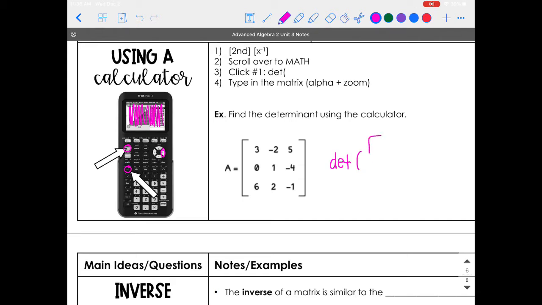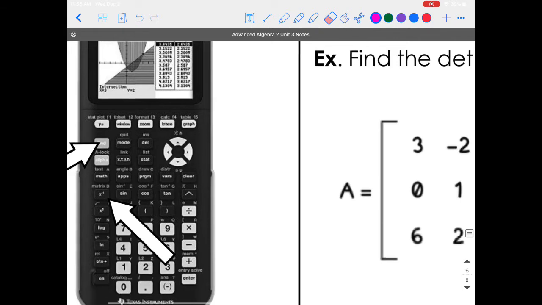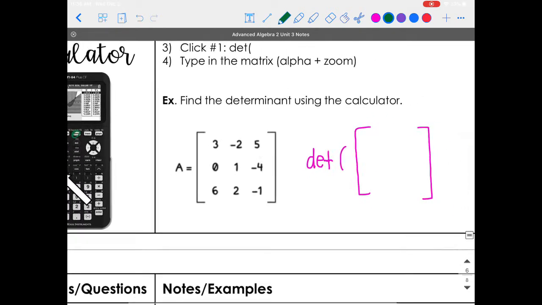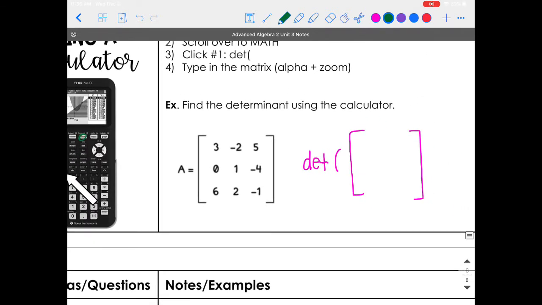And it's going to say determinant, and then you're going to type in your matrix. So if you remember, to type in a matrix, you type in alpha zoom, and then make sure you choose this one as a 3x3.